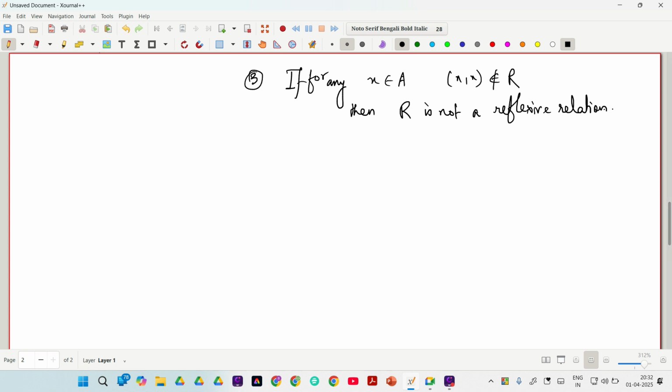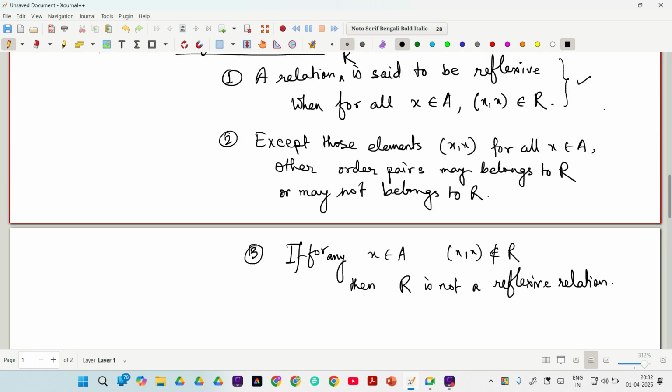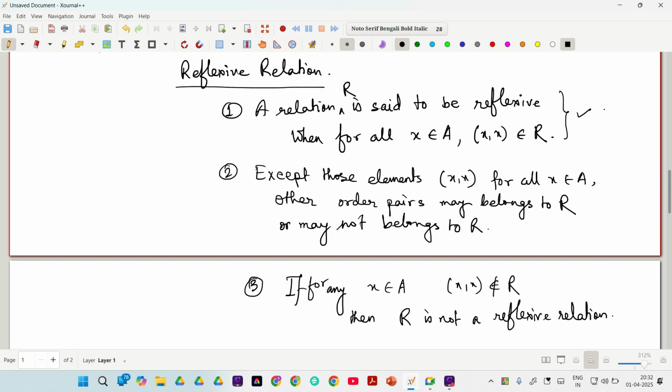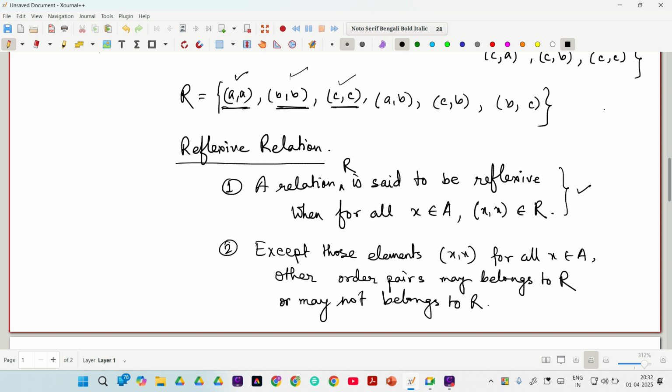These things follow from the definition. Okay, I'm writing this down. So for every x belongs to A, (x, x) must belong to R in order for R to be a reflexive relation.